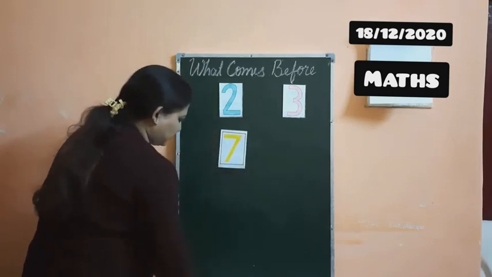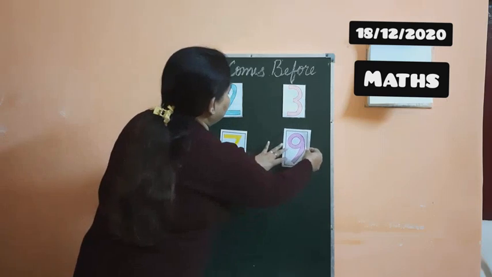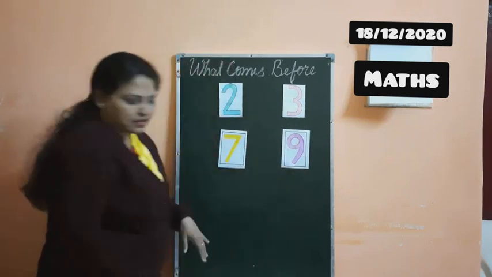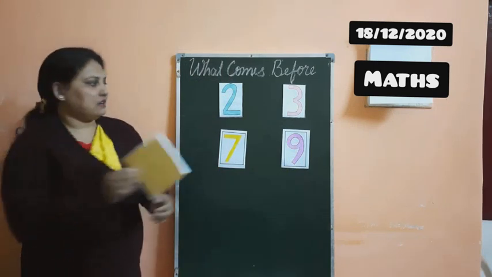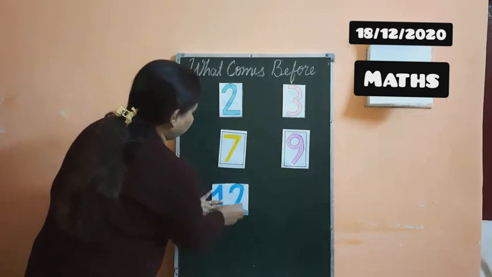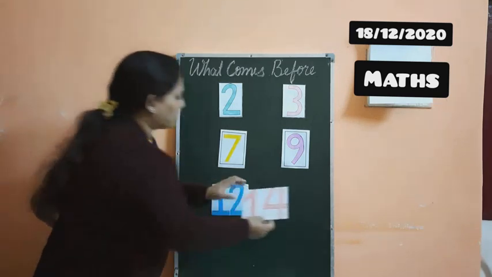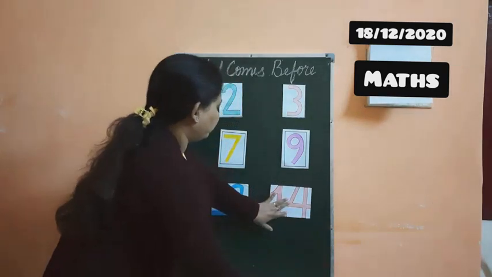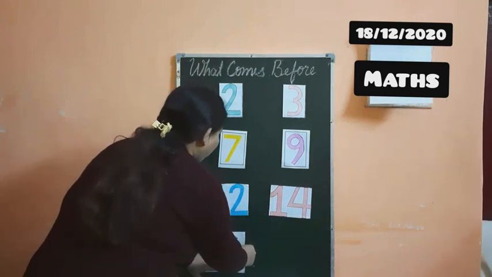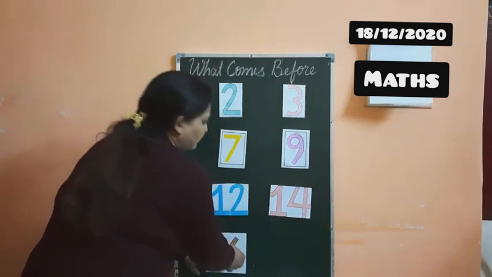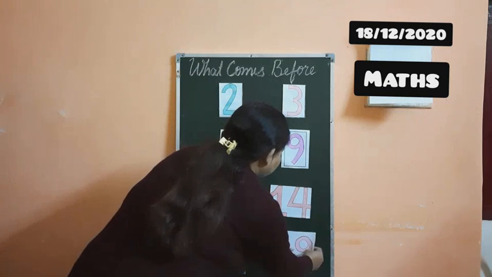This is 9. Now children, this is 12. This is 14. Now 19. All can see this.